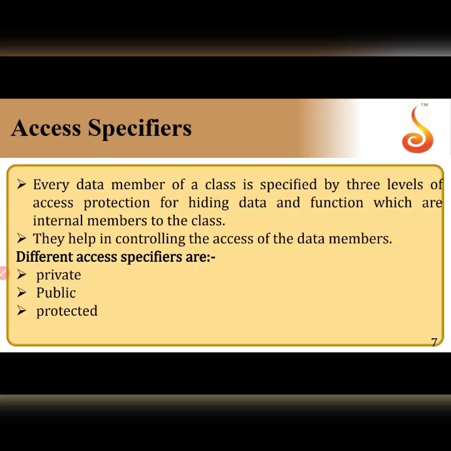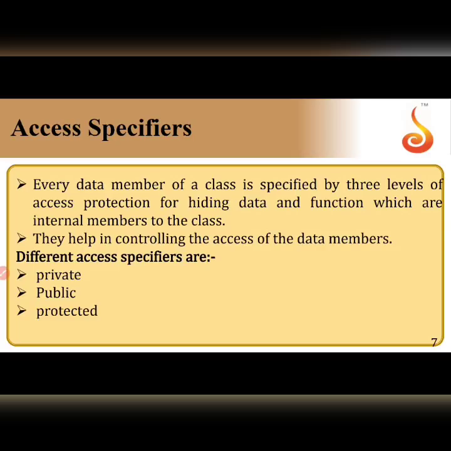So this is something wherein you can set the access rights. Similarly, in programming, I can also set which data can be accessed outside, which cannot be accessed outside, who can access it, who cannot access it. All this can be set by the programmer.